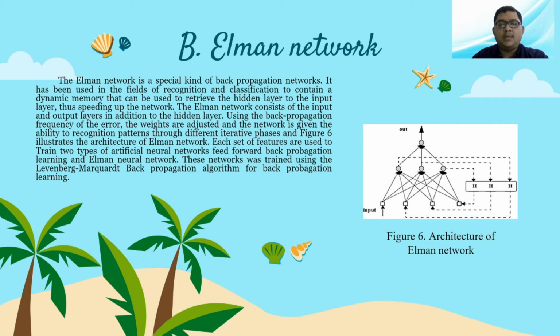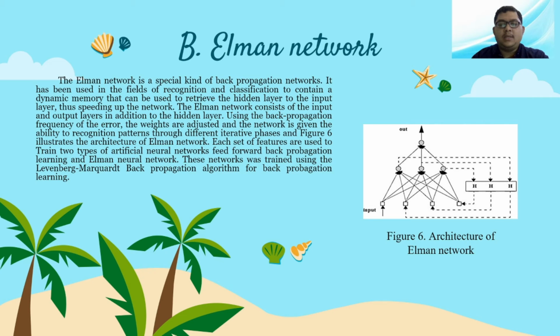Using the backpropagation of the error, the weights are adjusted and the network is given the ability to recognize patterns through different iterative phases. Figure 6 illustrates the architecture of the Elman network.